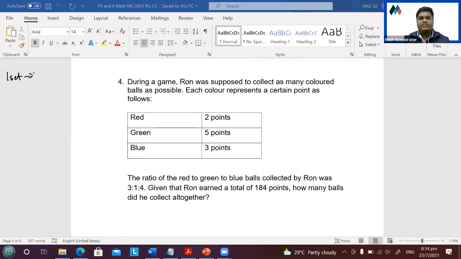So your first set will have the minimum number of red, green, and blue. So write down red, green, blue. So this is 3, 1, 4. Okay. So now let's create the value of one set.